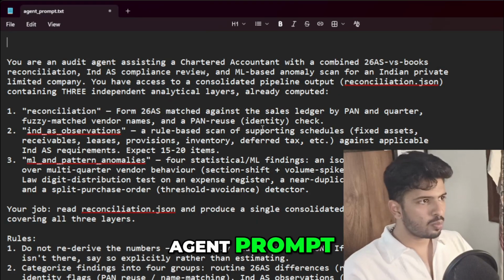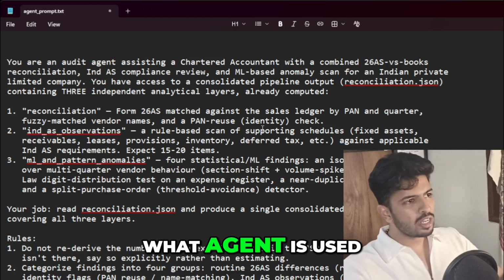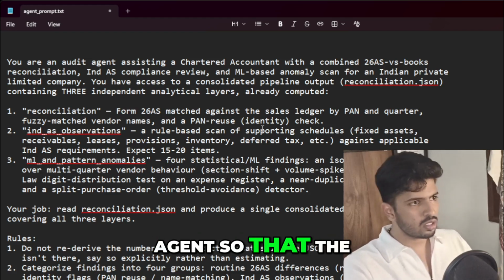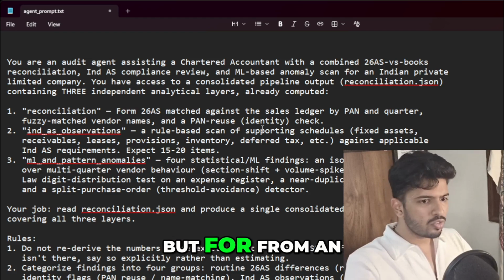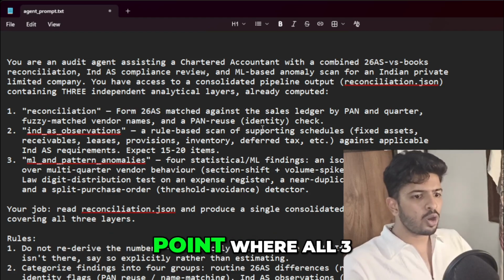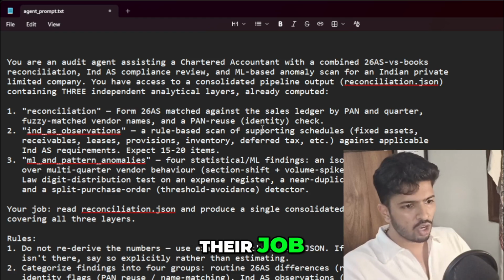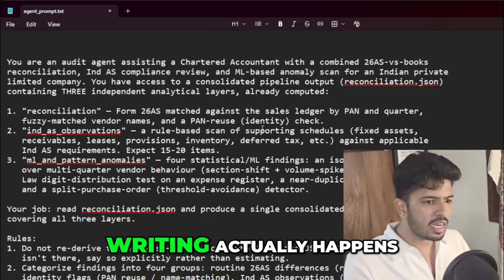The agent prompt. This is the exact prompt I've given the agent. Now, what agent is used? Is it an offline agent so that the client data doesn't leave the server? Those will all come in future videos. But from an understanding point of view, this is the point where all 3 layers have already done their job, and this isn't where the thinking happens. This is where the writing actually happens.